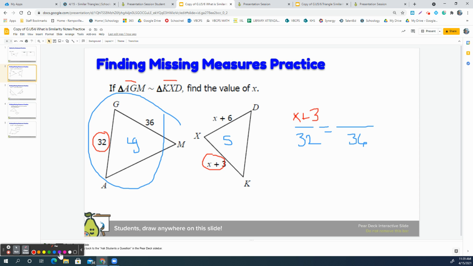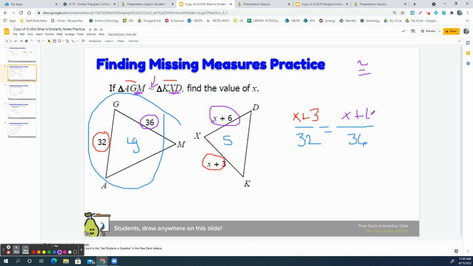So I started with the triangle with the numbers, and then I just took the smallest number and found its match, which means that GM, the last two letters, have to go with XD, right? Again, similar means I have to make a proportion. If this had the equal sign under it, the congruent symbol, then I could just set these equal to each other. But because it's got that similar symbol, I got to do this.